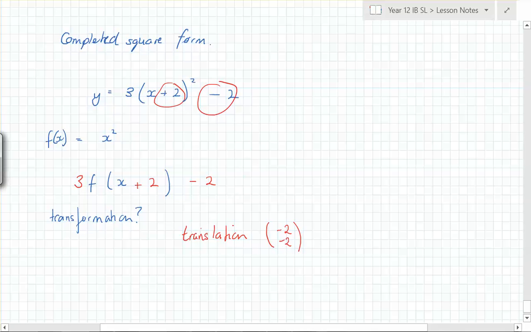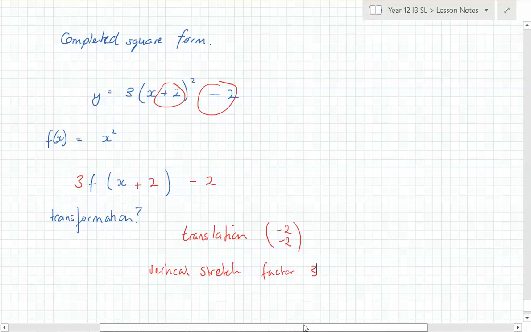Also, a vertical stretch, factor 3. So that's what we're thinking is going to happen.